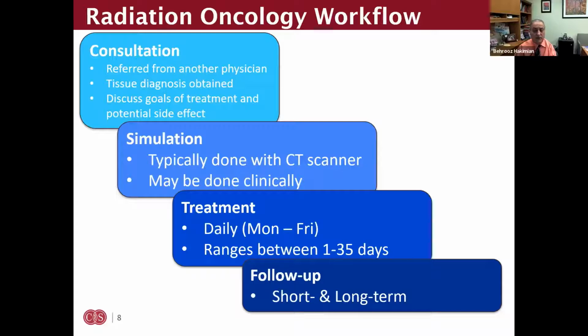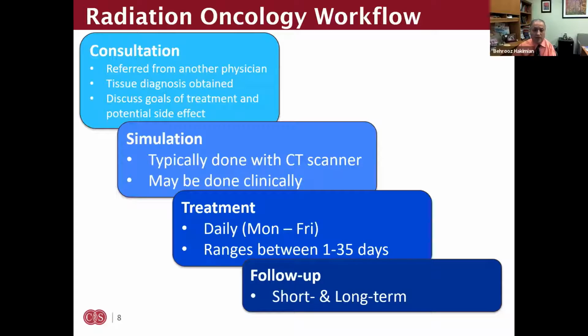So as time goes by, people may start feeling a bit tired, the skin may get irritated. Depending on the location, they may get some diarrhea if you're treating the GI tract or pelvic area, they may get irritation of the throat if you're treating an area in the head and neck area. Or maybe if you're treating the chest, it might be that they get esophagitis and get really severe pain when they swallow.